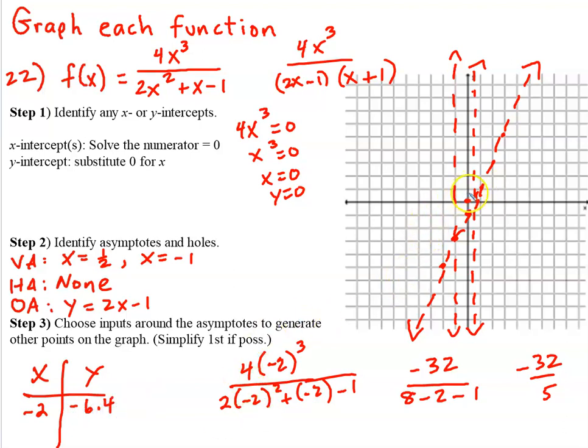All right, so when I input -2, I get -6.4. There's -6, and then a little bit more than that. Well, I know my only place of crossing over that oblique asymptote is up here at x equals 1/3. So I'm pretty confident that the rest of this graph falls in this little pie-shaped area right here.